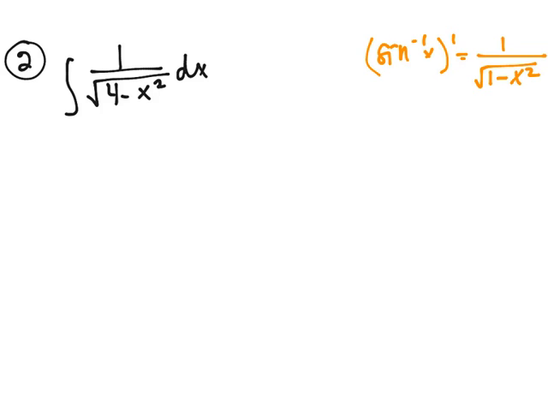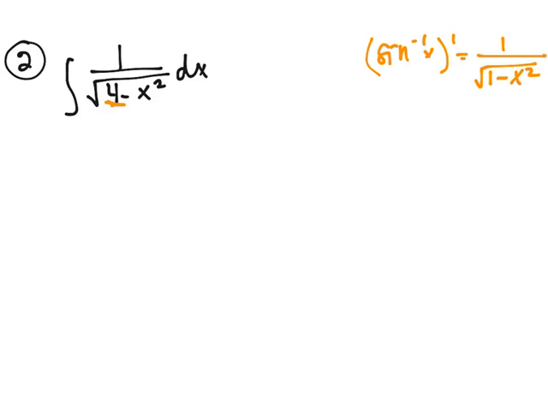Looks kind of the same, it's just I have this little 4 right here, and if I didn't have it, that would be easy. Now I can't erase it and forget about it, so I need to do something to this 4 so that I can use the sine inverse idea.